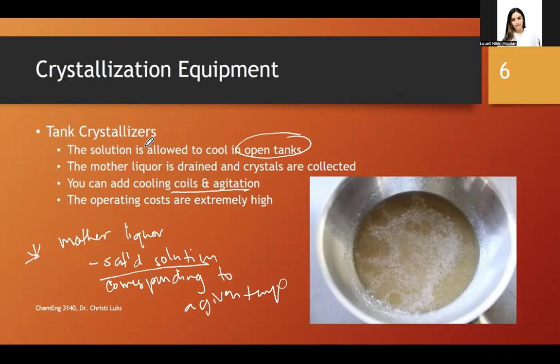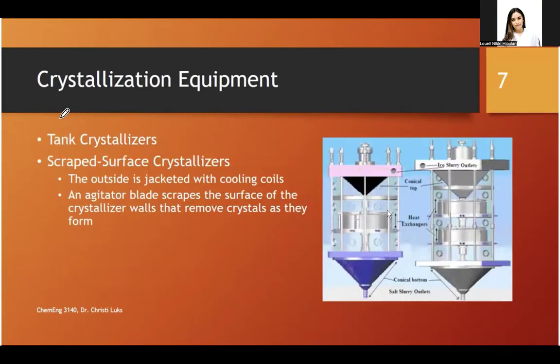The operation costs are extremely high for tank crystallizers. So it is usually used for small processes, because if you're going to process large scale, it's costly.